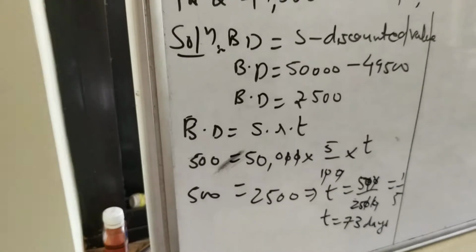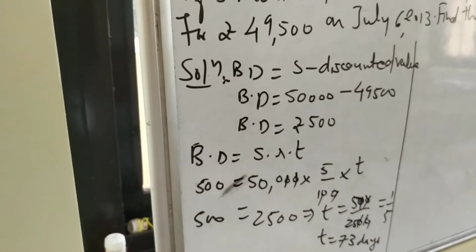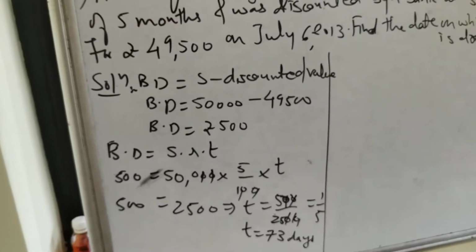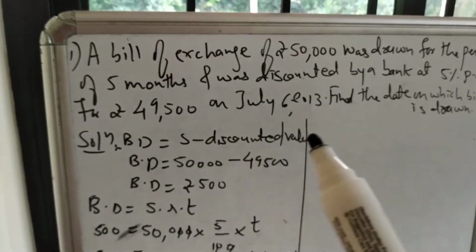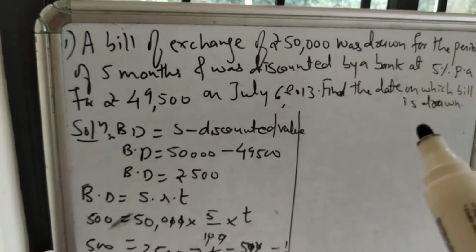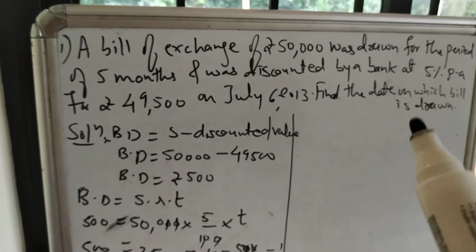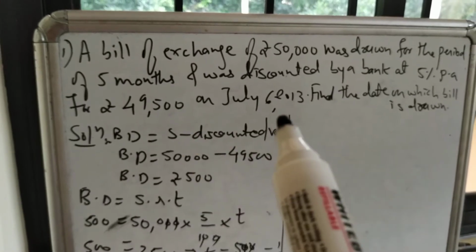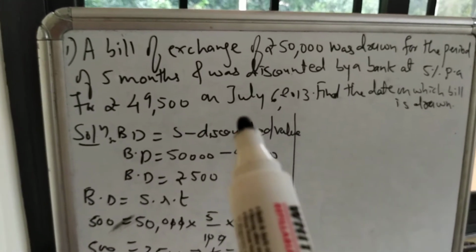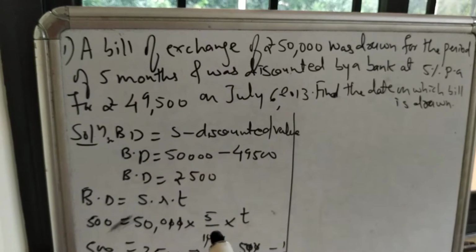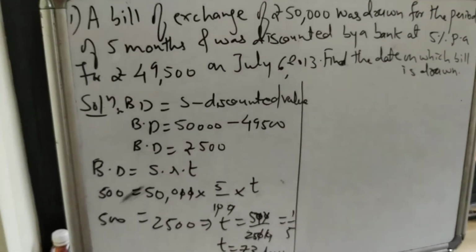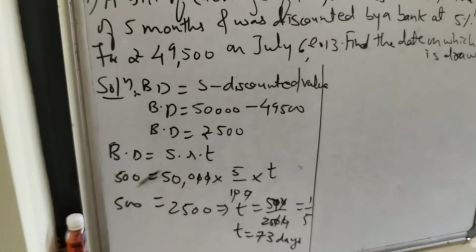Now once we get T as 73 days, the next thing we need to calculate is the due date of the bill. Now here in this problem you are asked to find the date on which bill is drawn, and you have the date on which bill was discounted. So let us add these 73 days plus date of discount. You will get due date of the bill.